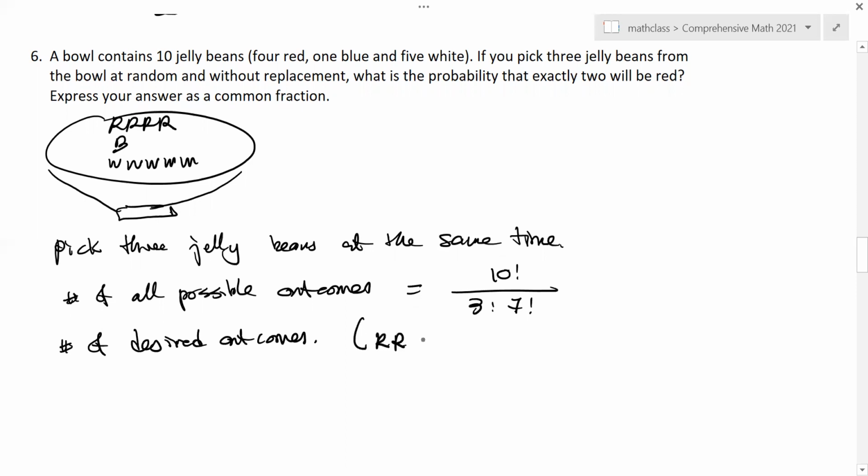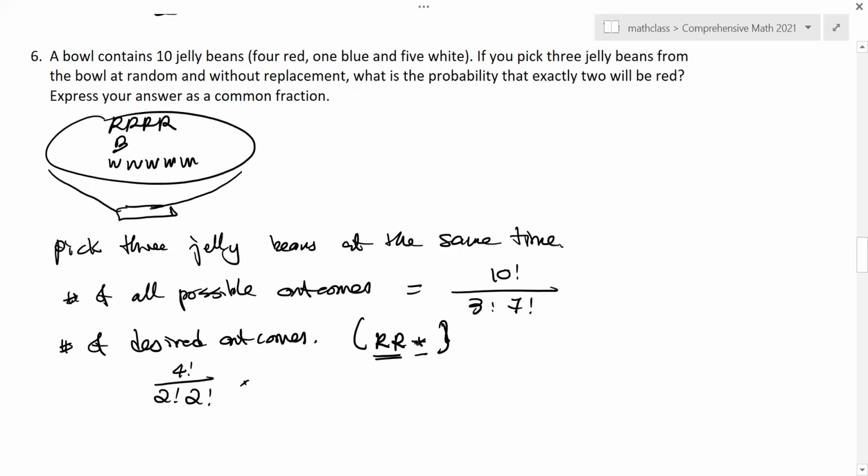Either 2 of them are red and 1 of them is a different color. You can pick up 2 red ones first, then pick up the other one, because the order doesn't matter. When you hold them in your hands, you can always separate them into 2 groups: group 1, 2 red; group 2, 1 non-red. So first, to pick up 2 red ones with no order, out of 4, that's 4 factorial over 2 factorial times 2 factorial.